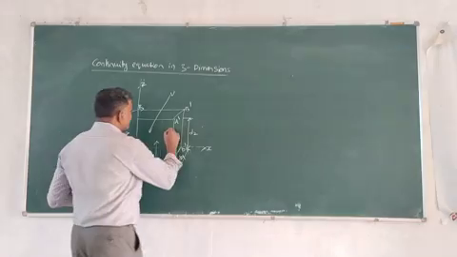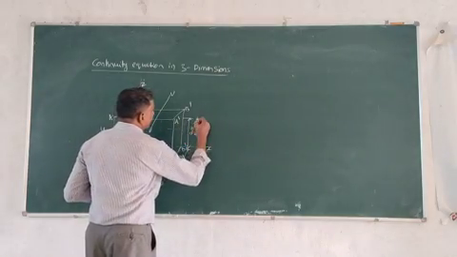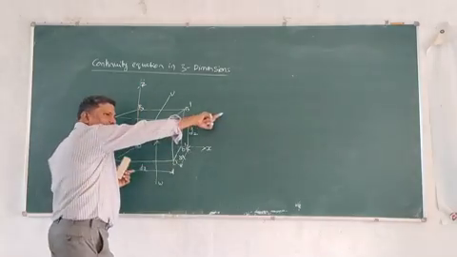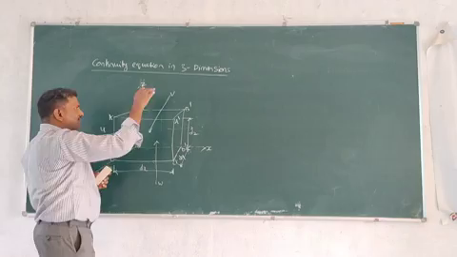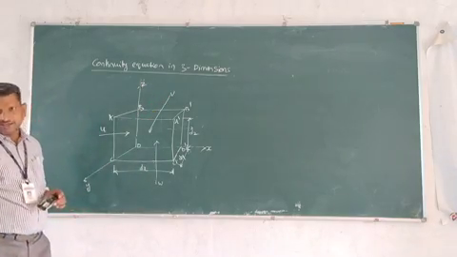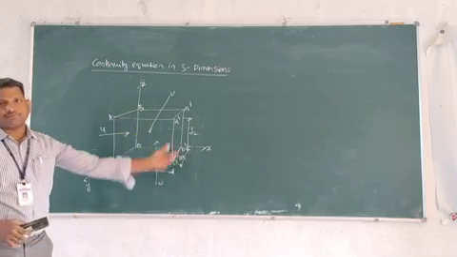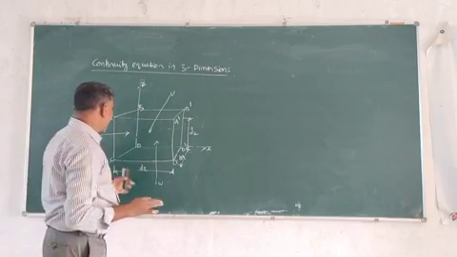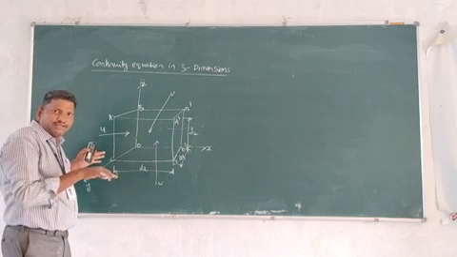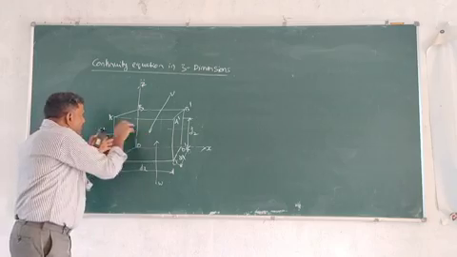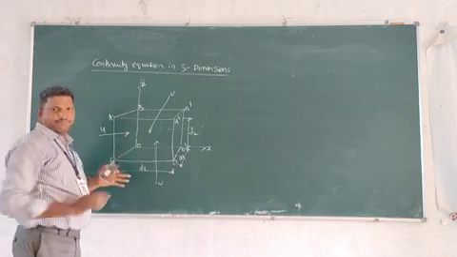With which velocity will the fluid move? The fluid will move with a certain velocity in each direction, and we will discuss it step by step. Now let us consider the mass current of fluid passing through this face A, B, C, D.